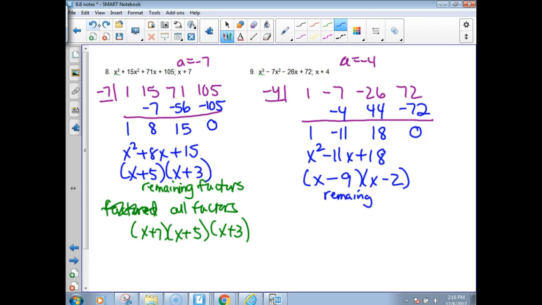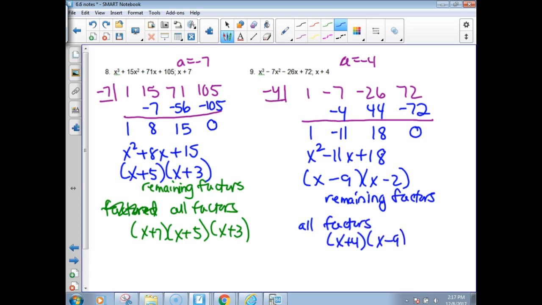I'm just really tired of writing remaining, apparently. Okay, and then the all factors, since it asked for both, was x plus 4 times x minus 9 times x minus 2.